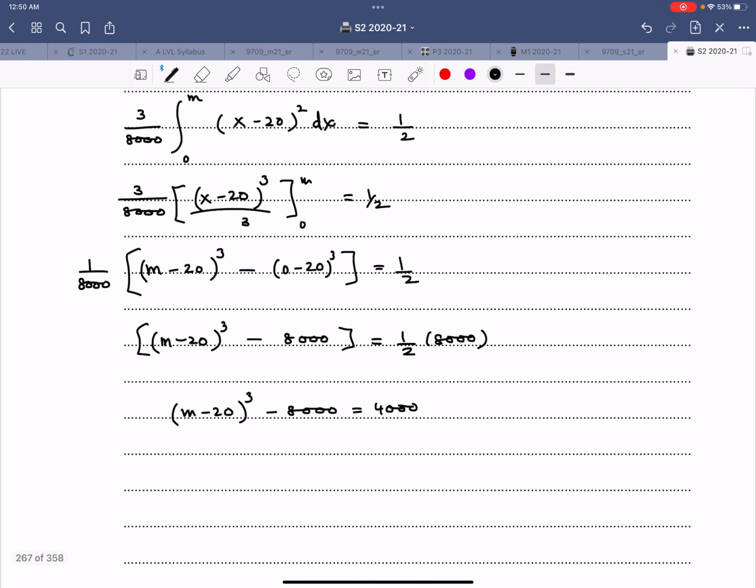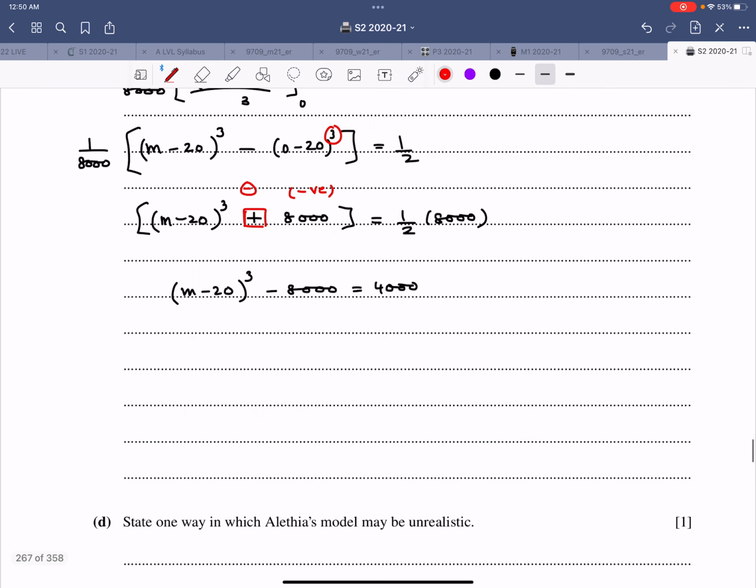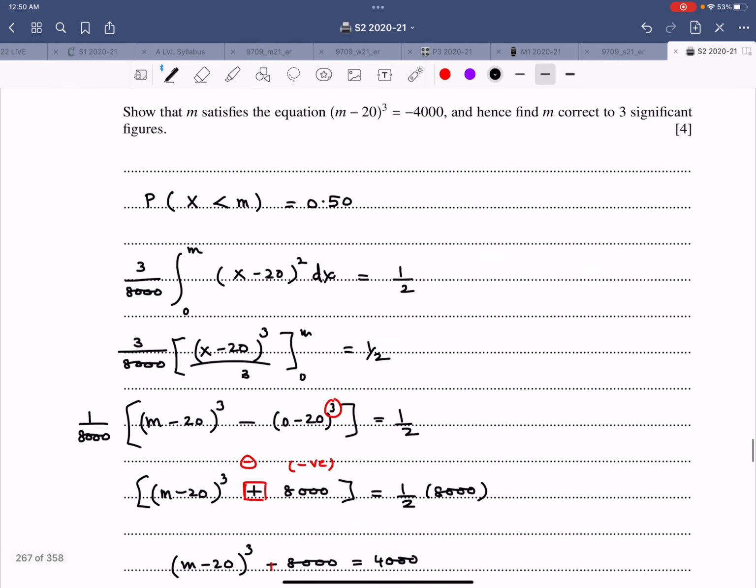This negative will become positive because it's a cube. So this negative would remain as negative, and there was a negative on the outside that gave me an overall positive. So this is positive 8,000, and then take it on this side. So actually m minus 20, the whole thing cube, is 4,000 minus 8,000, that is negative 4,000. I think that is what the answer looks like.